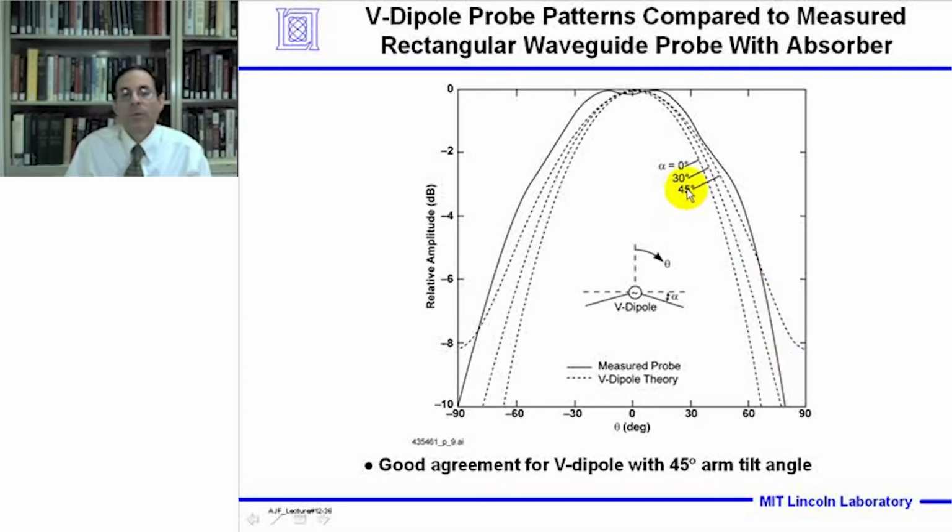The case where the V-dipole tilt angle is 45 degrees matches pretty close to the radiation pattern of the rectangular probe. To summarize, there's good agreement between the measured waveguide probe pattern and the V-dipole probe pattern when the tilt angle is approximately 45 degrees.